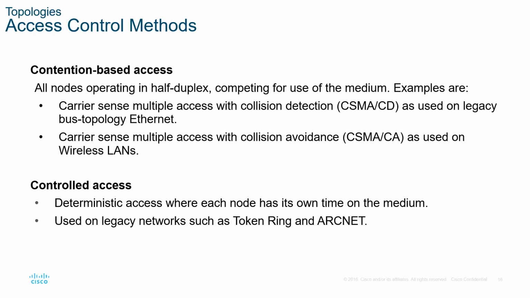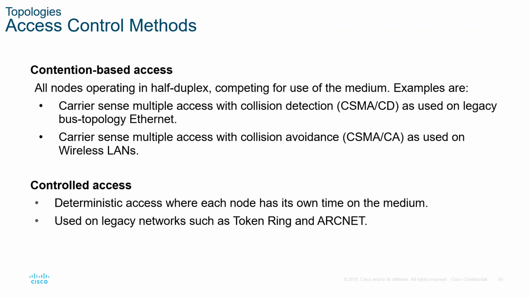Now, for controlled access, it can be implemented using deterministic access where each node has its own time on the medium. All of this is the technique to avoid collision in the network when the nodes are operating in half duplex.